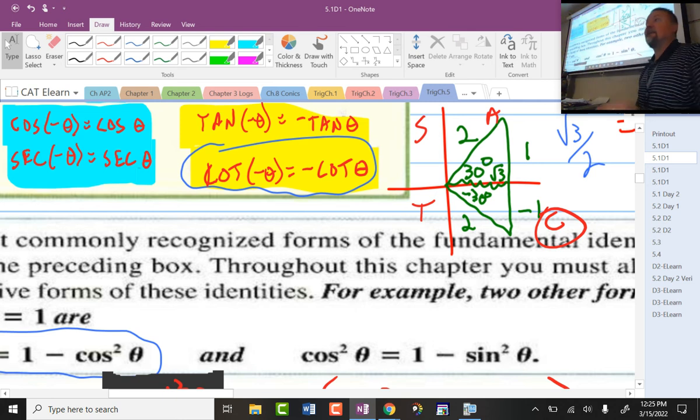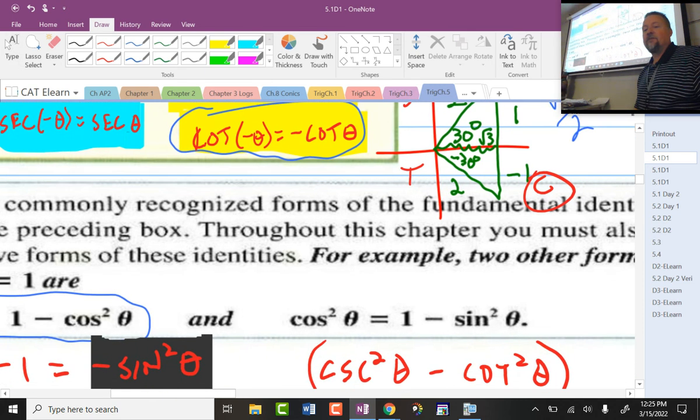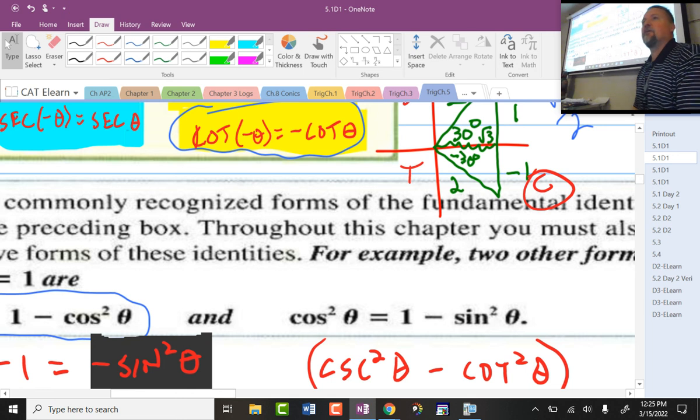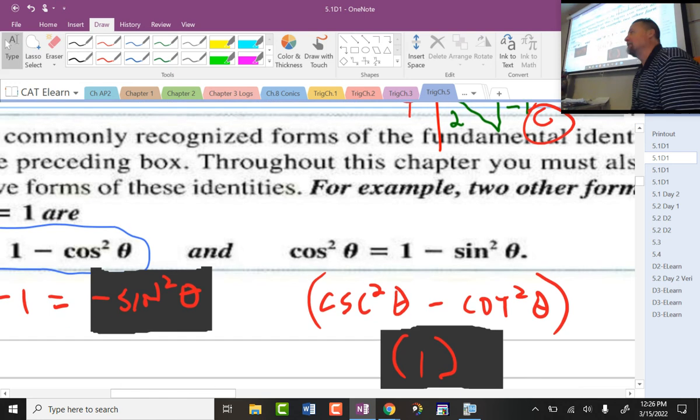Hey, look at your identities. Raise your hand when you know what this is equal to. What's cosecant squared of theta minus cotangent squared of theta? What does that equal? Just takes one little undo operation. What would that equal? Yes, 1. And you're going to actually make that replacement tomorrow.